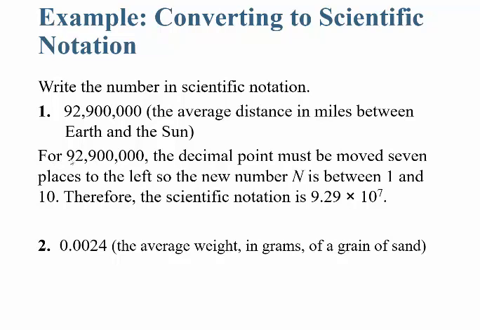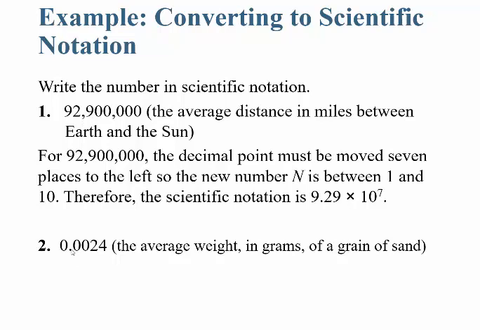Okay, so for this number here, the decimal point must be moved 7 places because you start here, you go 1, 2, 3, 4, 5, 6, 7. So there's only one number left. So the new number n is between 1 and 10. Therefore, the scientific notation is 9.29 times 10 to the 7th power, because I started here and I moved it that way.